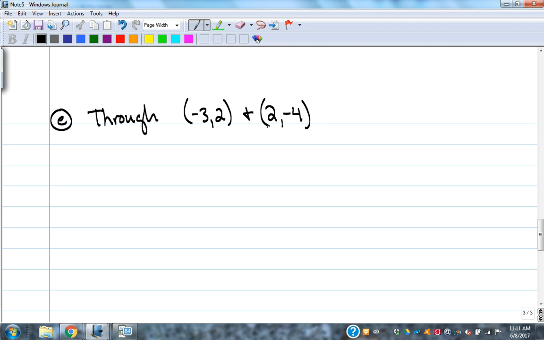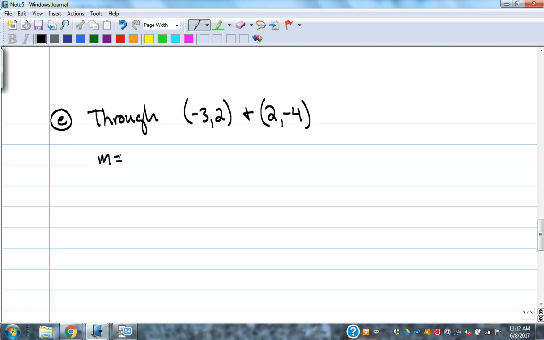Through -3, 2, and 2, -4. So they're giving us 2 ordered pairs, and they want us to find the slope-intercept form of that line. Okay. So what's the first thing that I need to find?